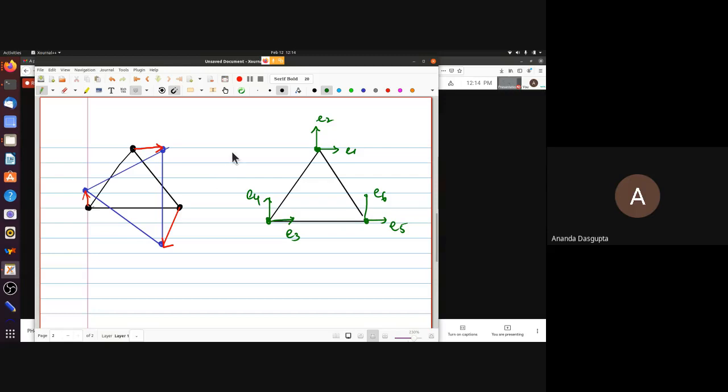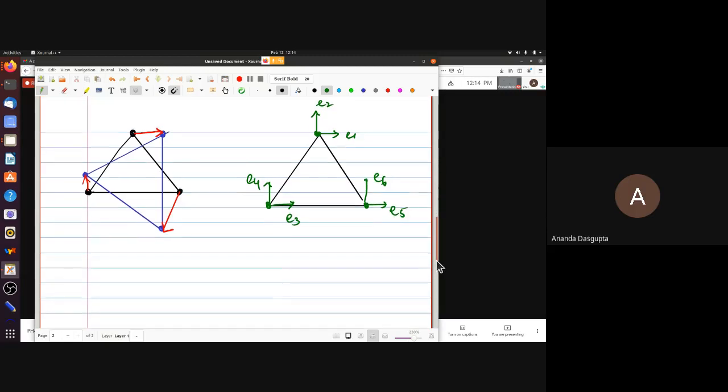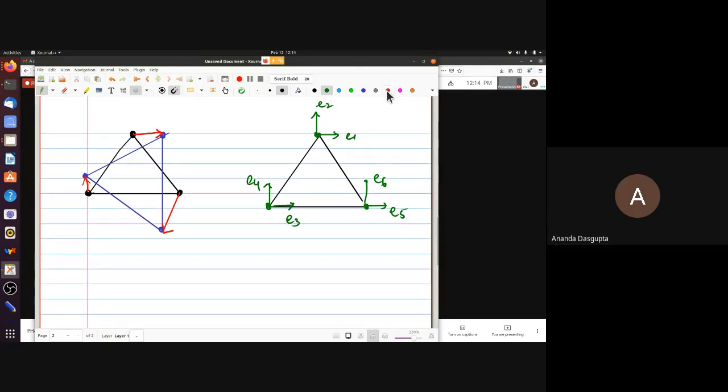Okay. Now the basic idea, the basic physics here is something like this. Let me just say that suppose during oscillations, at a particular instant of time, the things were frozen like this. I've taken a snapshot and this is the displacement that you see. Okay.